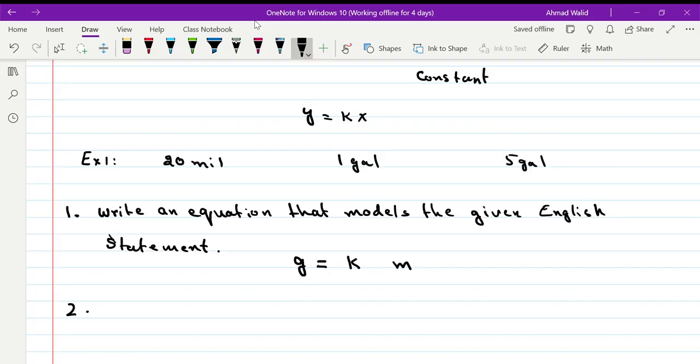Step 2. Substitute the given pair of values into the equation.